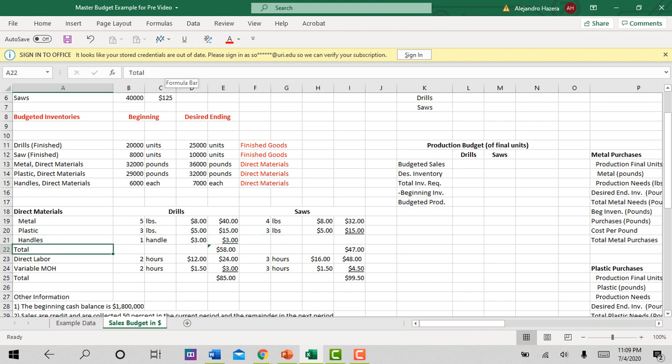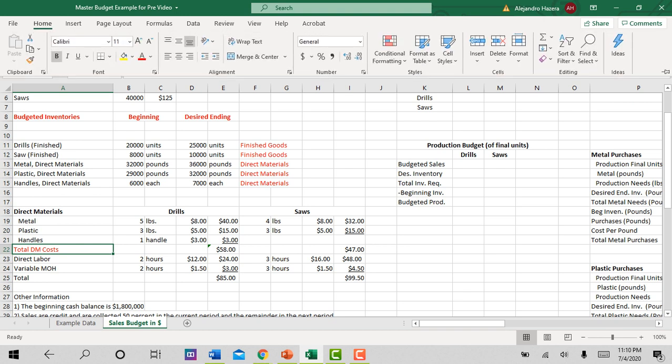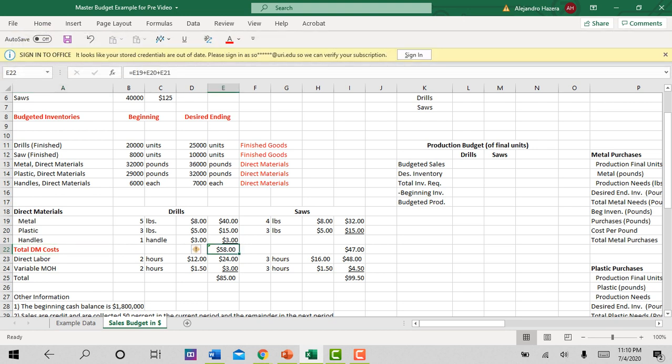Okay, so the total direct materials costs, these are the total direct materials costs that go into each one of these products. So $58 are your budgeted direct materials costs for drills, and $47 are your budgeted direct materials costs for saws.